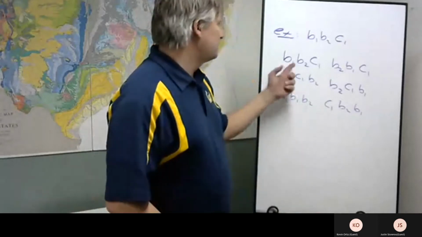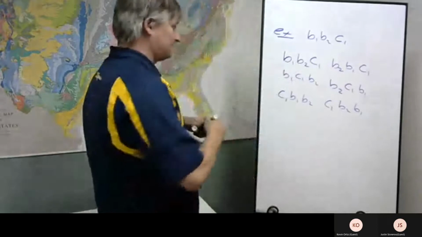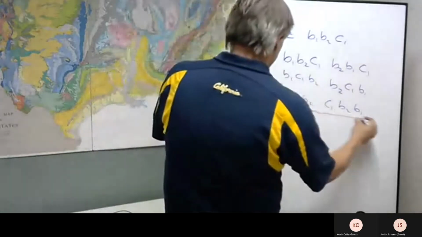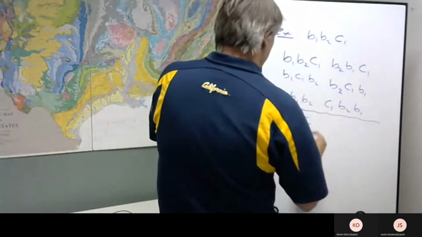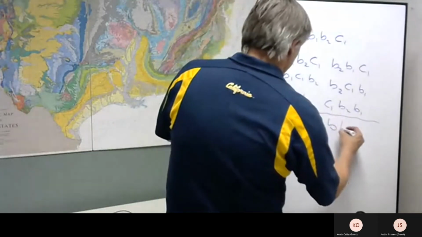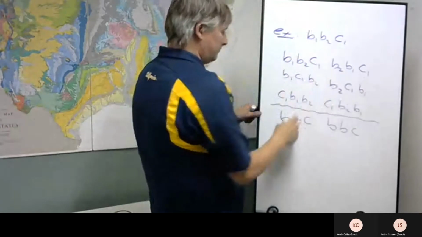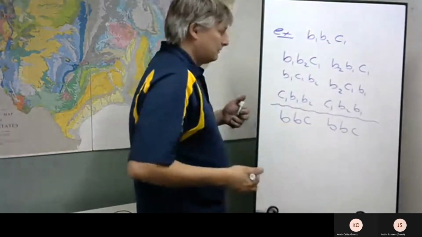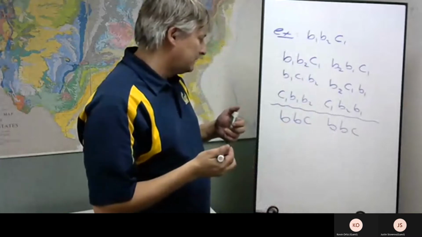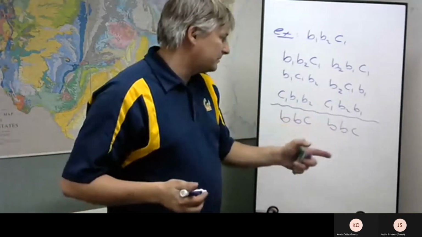In other words, we couldn't tell the difference between B1 and B2. So if we take this one here and this one, we get BBC and BBC. Well, is this B2? Is that B1? Is this where B1 is in front of B2?